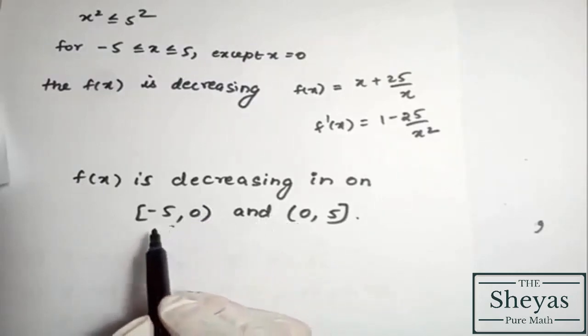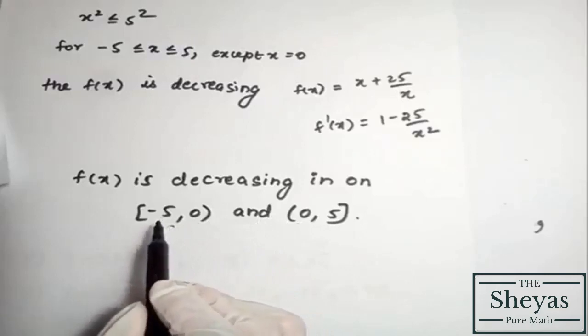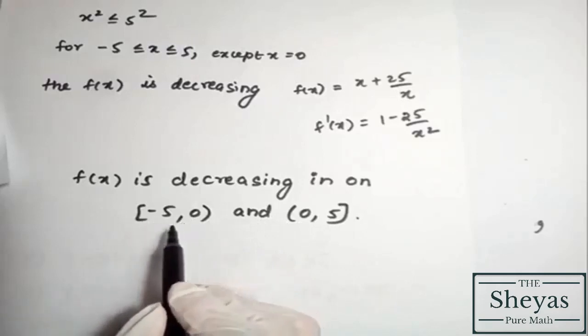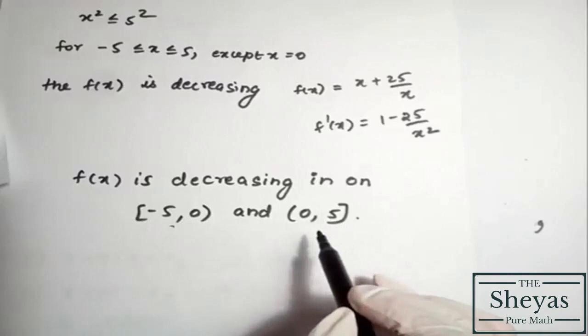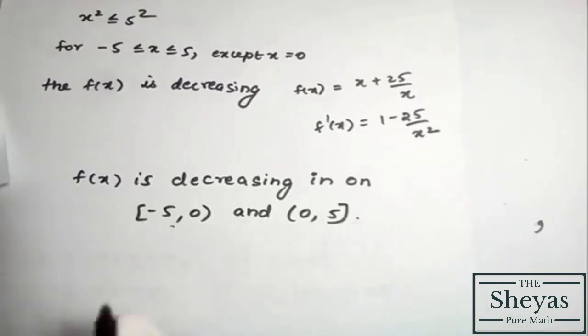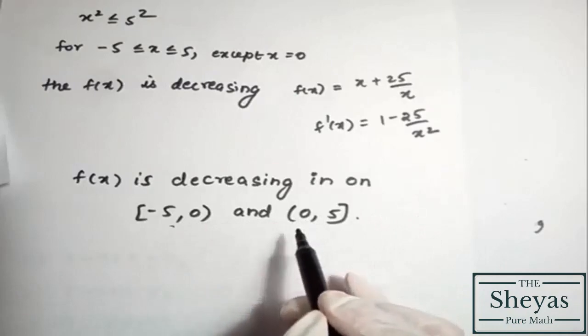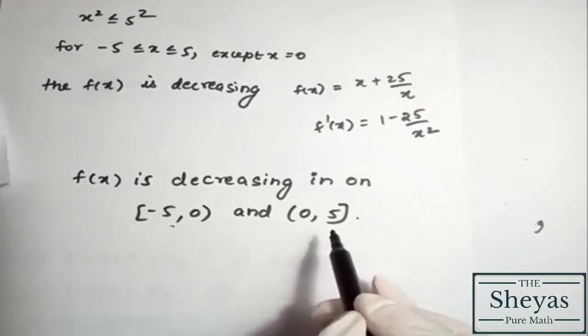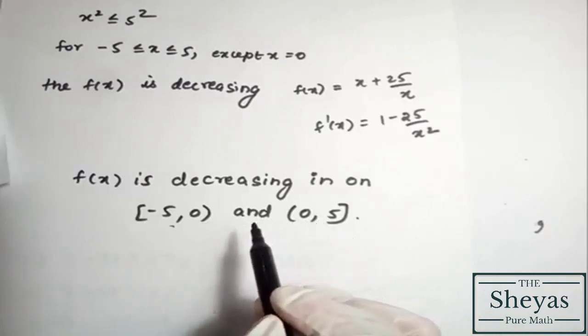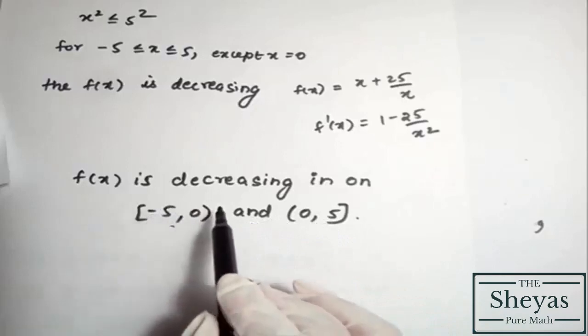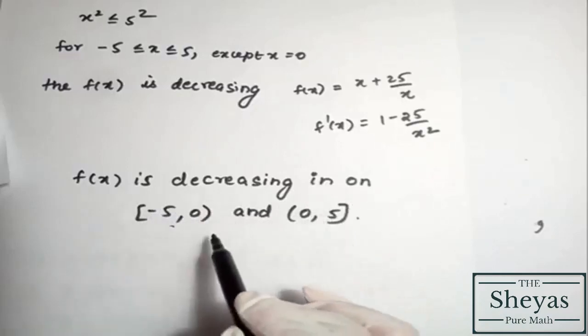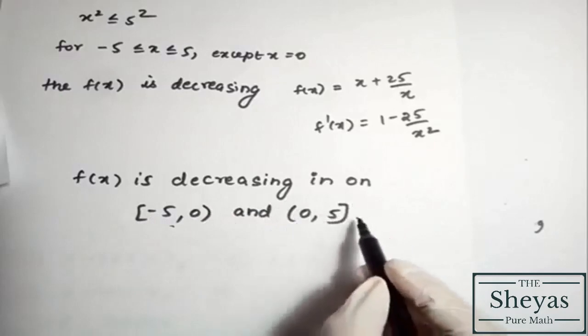So here the value is from minus 5 to 0 and not 0, and here the value is from 0 to 5 and not 0. This is the open interval. So you should not include 0. So I am concluding that f of x is decreasing in the interval minus 5 to 0 and 0 to 5.